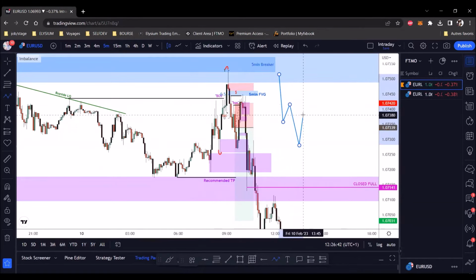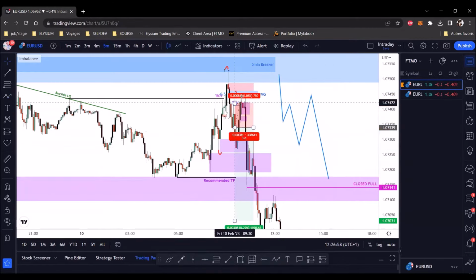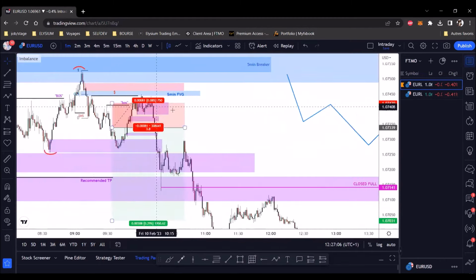People will try to sell from there, from this middle green order block. And therefore, above this, for me, it's liquidity. And we had a beautiful fair value gap around here, this one. So this was a perfect area for a sell.